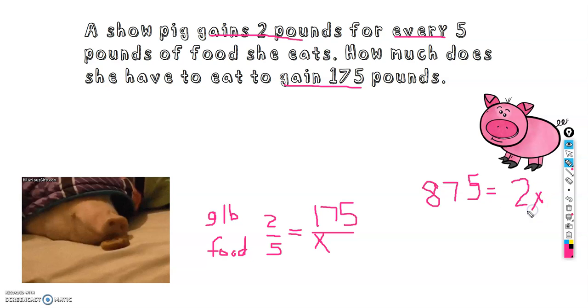Then we'll divide by the odd man out. 875 divided by 2 means she'll have to eat 437 and a half pounds to gain 175 pounds.